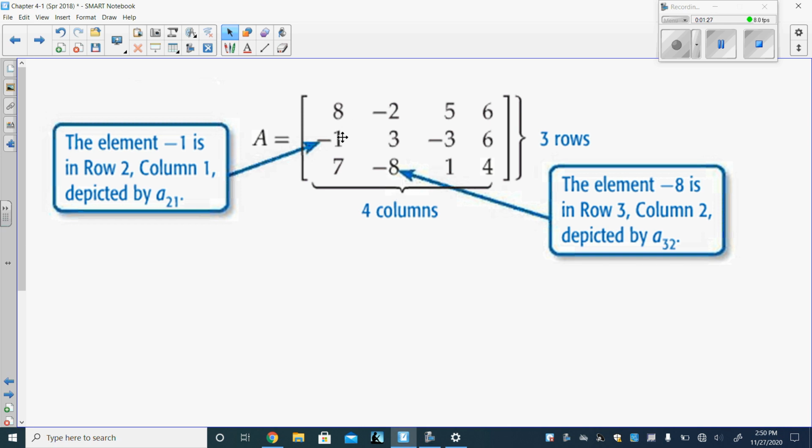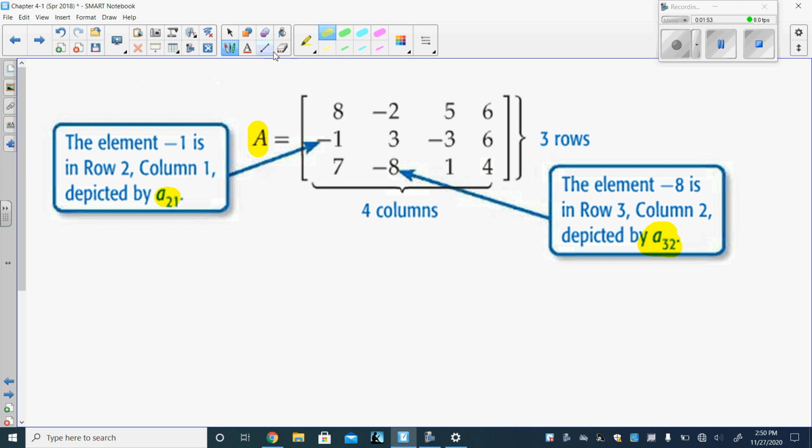Each element can be named using its row and column. They have two examples given here: A21 and A32. The little a tells us that we're talking about an element, because since the matrix was called capital A, each element will be little a. So here we have A21.